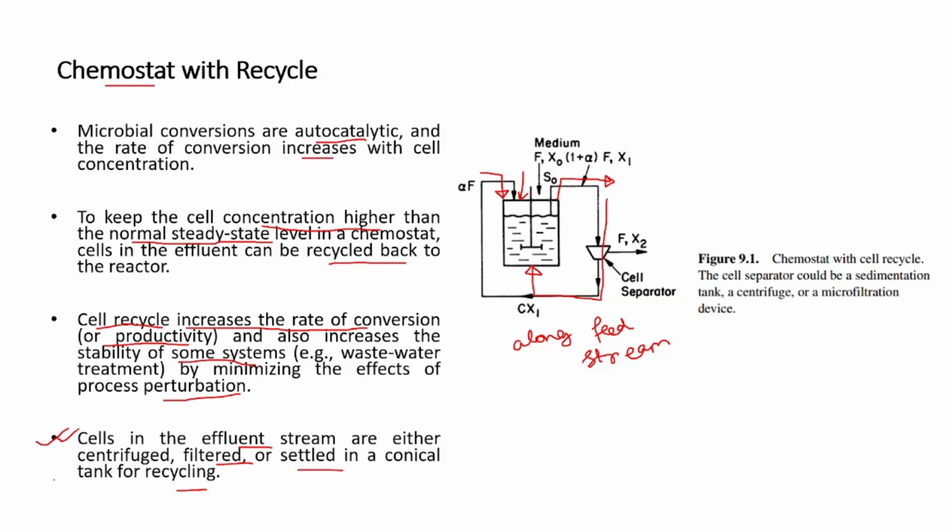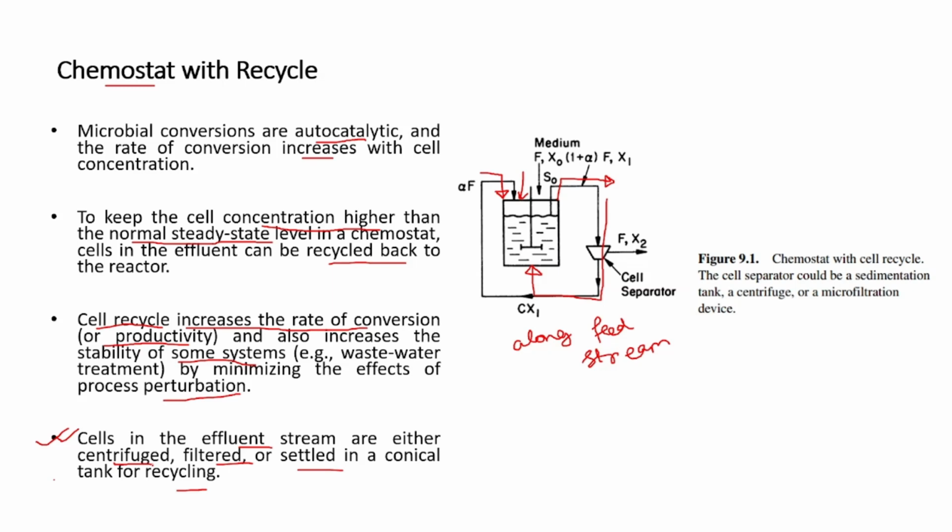And cells in the effluent stream are either centrifuged, filtered, or settled in a conical tank for recycling. This is very important. You cannot directly pass the effluent stream along with the feed stream in a recycle. You either have to do centrifugation, filtration or settling, and then you can send that stream for recycling. Why?